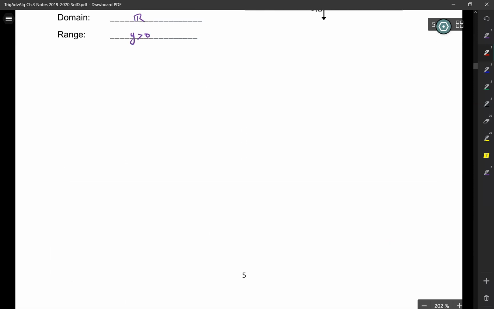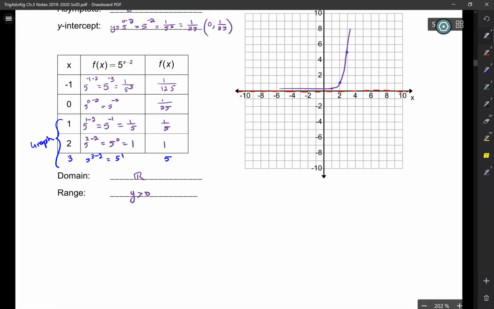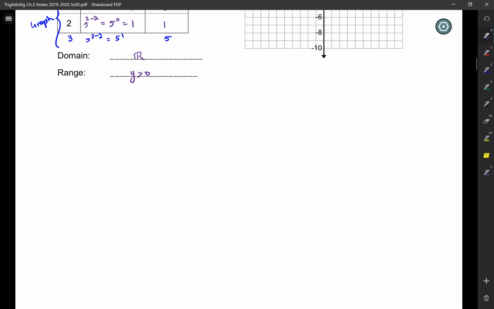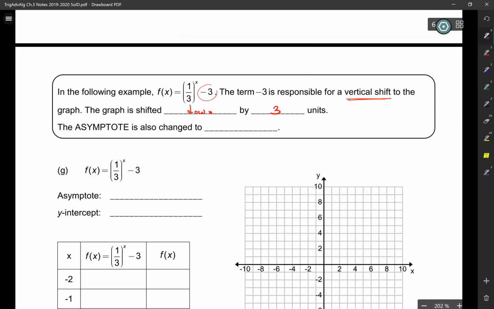Now, because it's not in the exponent, graph and asymptote are connected to each other. You can't move one up and one down without the other one. So when the graph moves down 3, the asymptote also moves down 3.